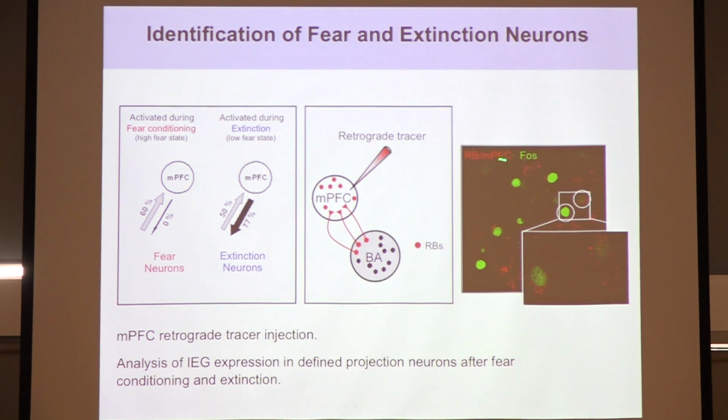And here you have an example of a retrobead labeling of an amygdala neuron in red, coupled with c-Fos detection here. So these neurons have been activated during a particular behavioral task and project to the mPFC. So this is the strategy we have used to identify fear and extinction neurons.